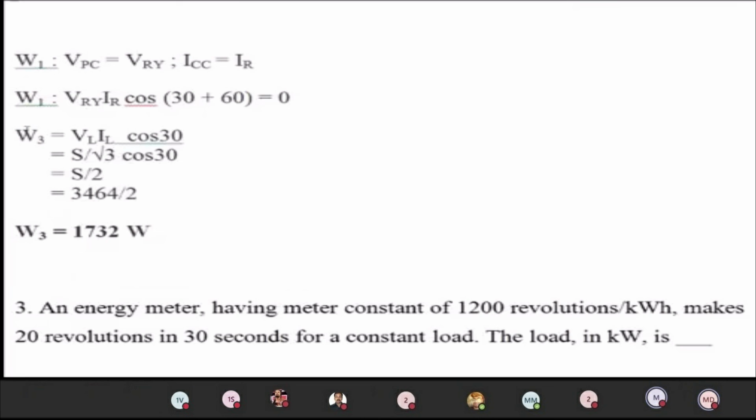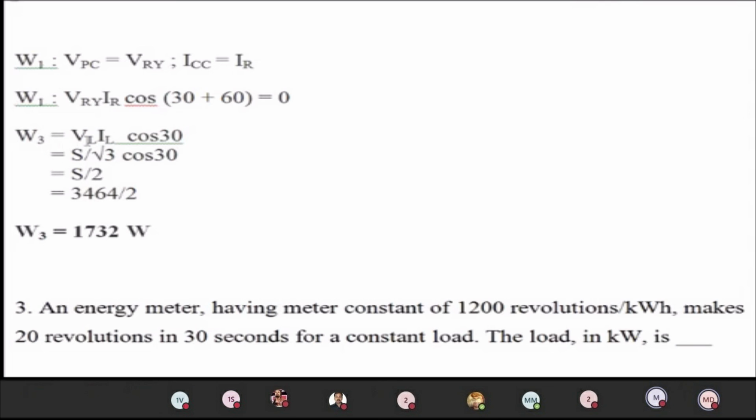Similarly, we have W3 equal to VI cos 30, and here VL, IL we don't know. Instead of that we know the apparent power, just substitute. So VL IL is equal to S by root 3, where S stands for apparent power.